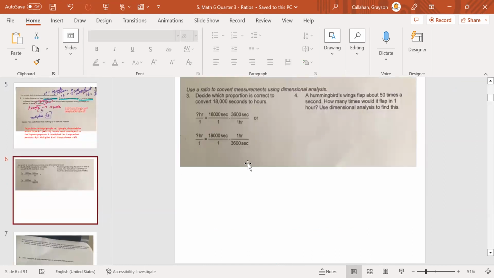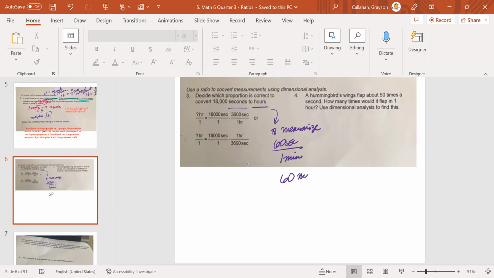Use a ratio to convert measurement using dimensional analysis. Decide which proportion is correct to convert 18,000 seconds to hours. Okay. Seconds to hours. Now, you know these are the things you need to memorize. You know that 60 seconds equals 1 minute, right?